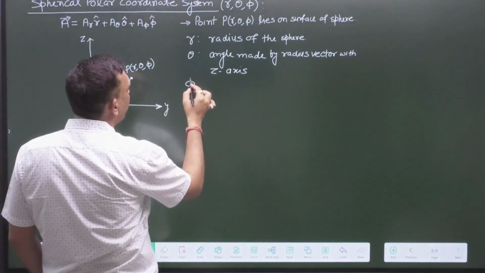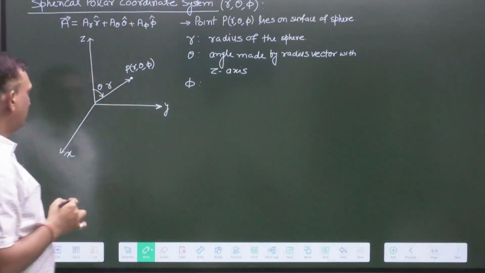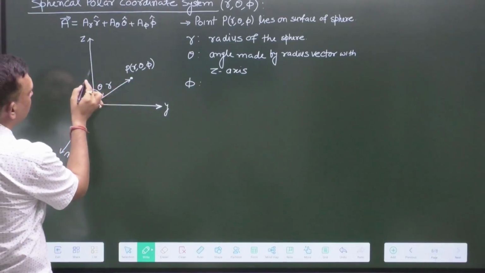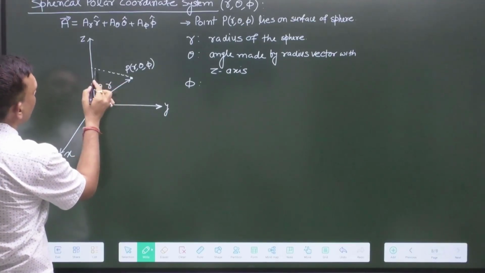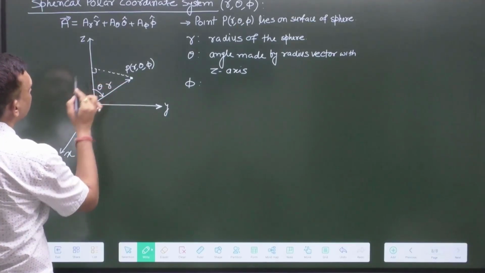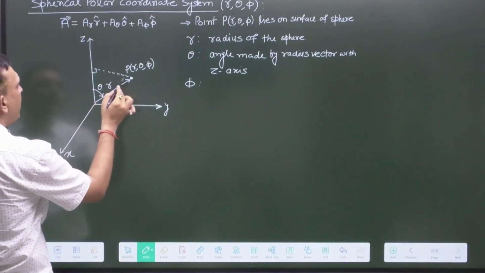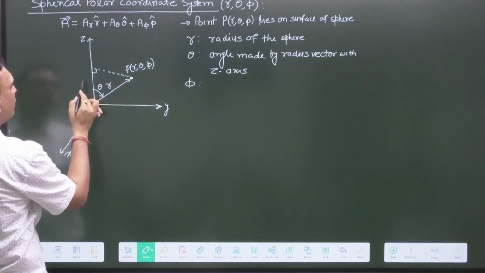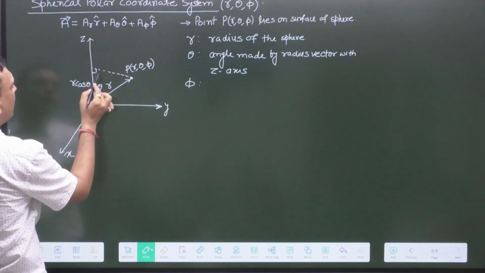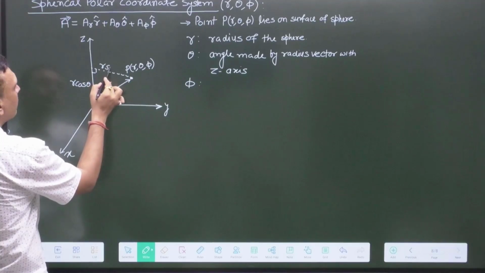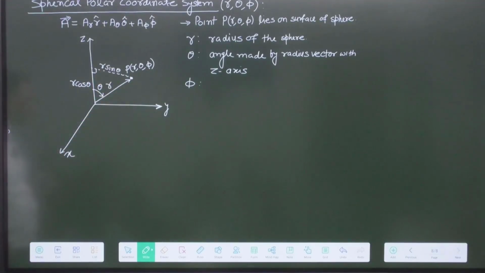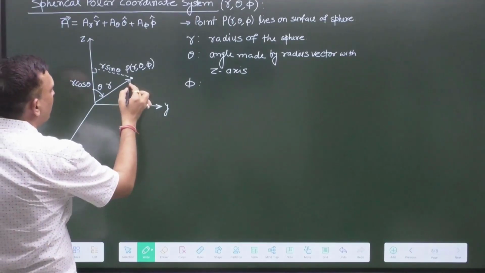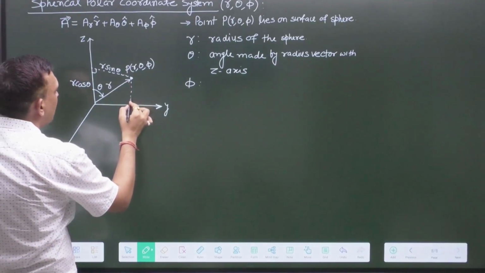And what will be angle phi? Now let's draw a perpendicular on the z-axis. So this angle is 90 degrees. And in this triangle, the projection of r along z is r cos theta, and in the perpendicular direction, the projection is r sin theta. Now let's draw a parallelogram.